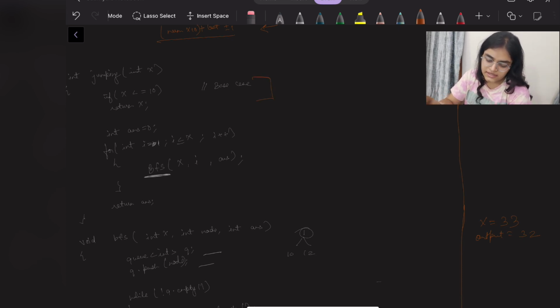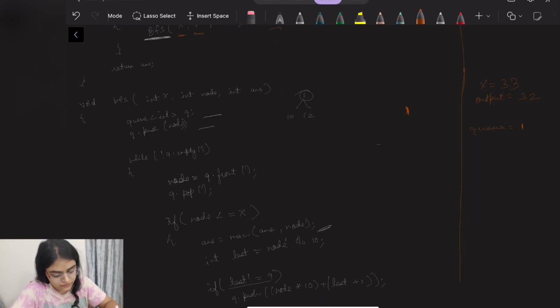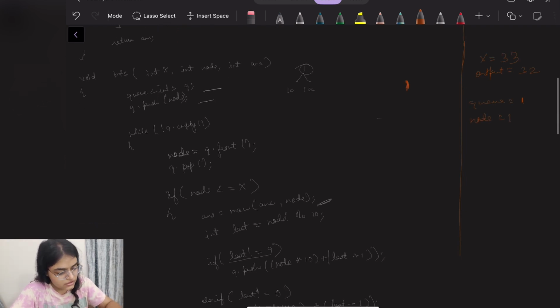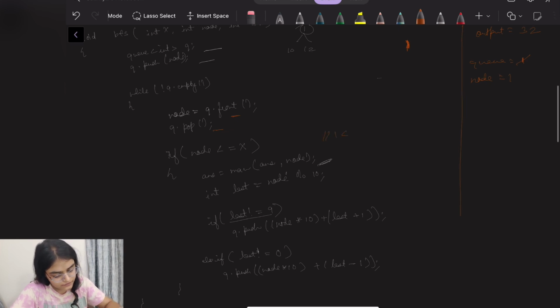No. X is actually greater than 10, so no. So we'll go into the loop, and the BFS will be called for 1. So let's go for 1, and now in node we have 1 here. Q is now empty. Now 1 is less than equal to 33. Yes, 1 is less than equal to 33.